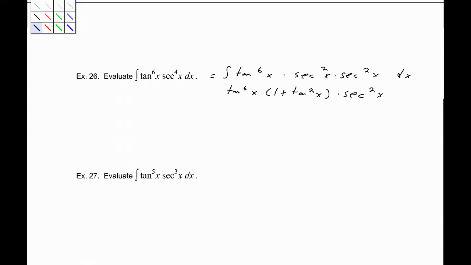The benefit there is that I am now going to be able to have everything in tangents, and the secant squared is going to be my du. So make u equal to tangent x, du equal to secant squared x dx. And this will be the integral of u to the sixth, times 1 plus u squared, which ends up being u to the sixth plus u to the eighth du.